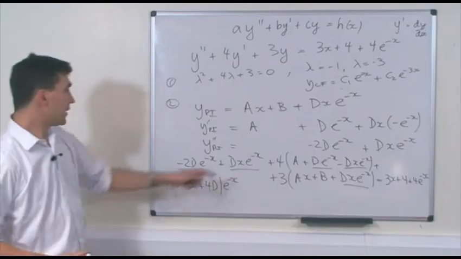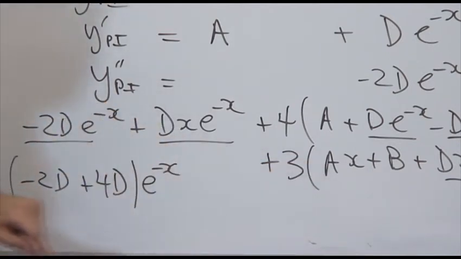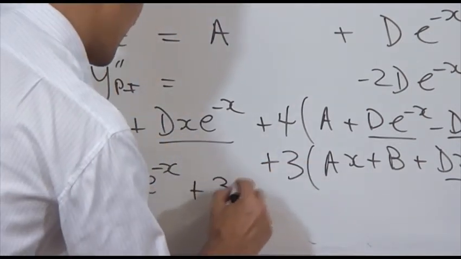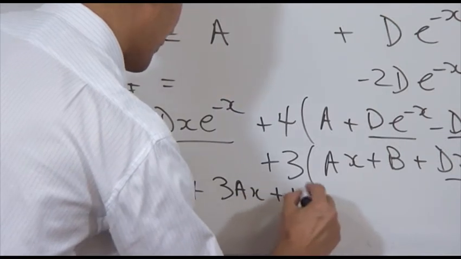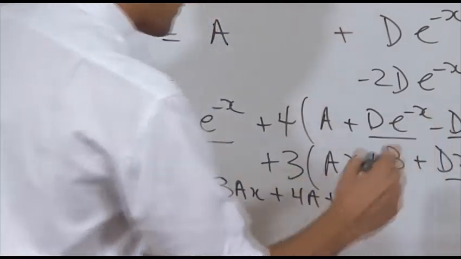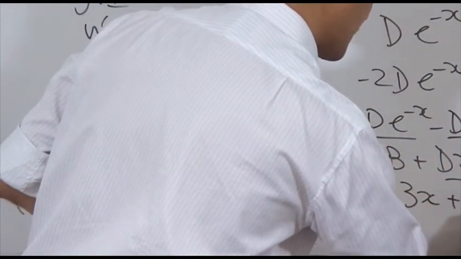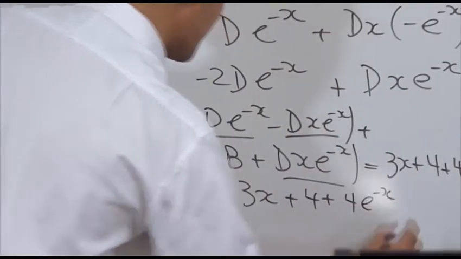So what's left? We've got 4a and 3ax and 3b. So we've got plus 3ax plus 4a plus 3b, and that is supposed to be equal to 3x plus 4 e to the minus x.